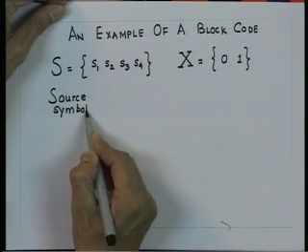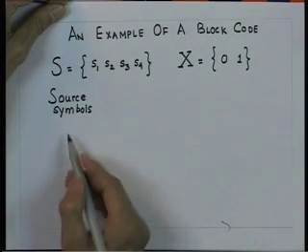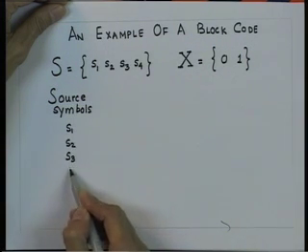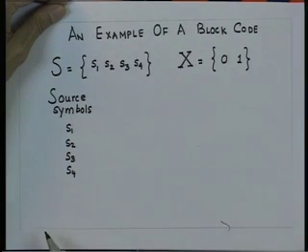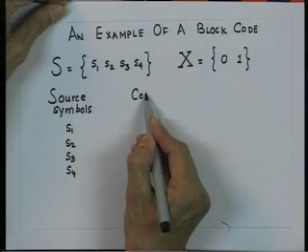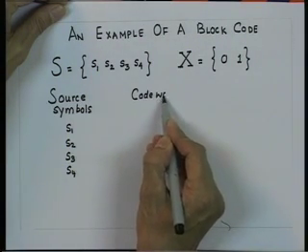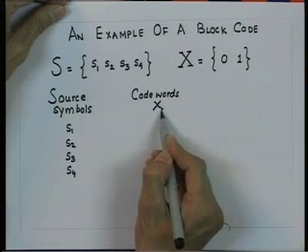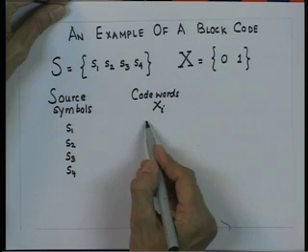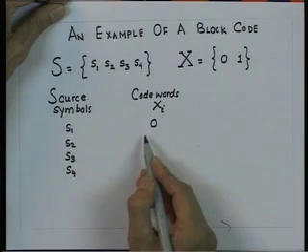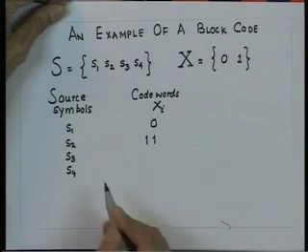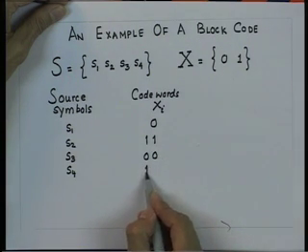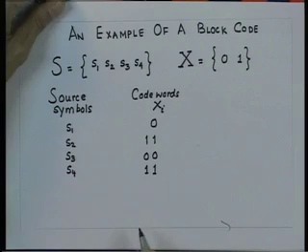Designing of a code for this source would be trying to find out the code words for each of these source symbols. So, the code words which are denoted by Xi would be, for S1 let me have 0, for S2 let me have 1 1, for S3 let me have 0 0 and for S4 let me have 1 1 again.